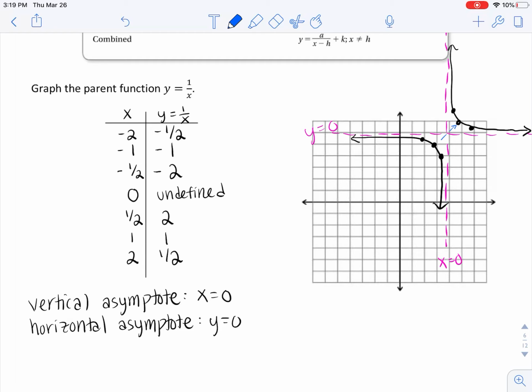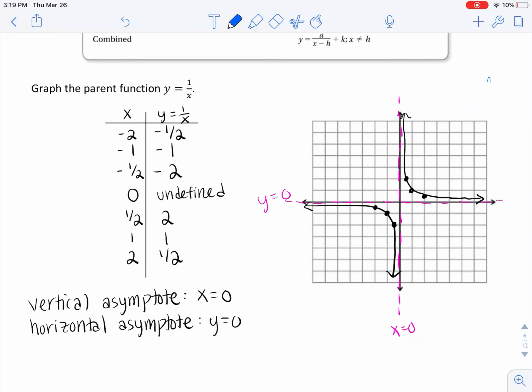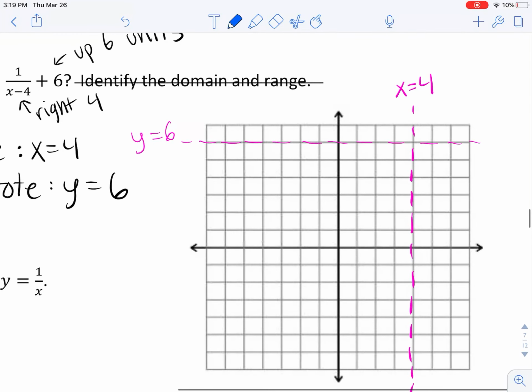Let me now move this back to where it should be. There it is. There's y equals 1 over x again. Okay, so what I was talking about on that previous screen is that I'm going to put points kind of catty corner from the intersection of the two asymptotes, and those points will always lie there.